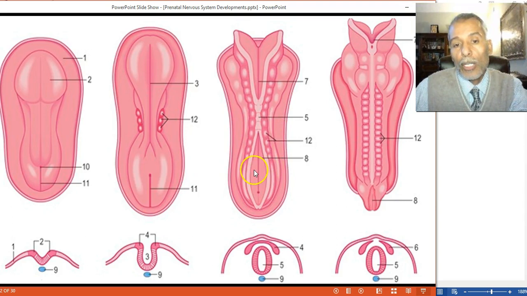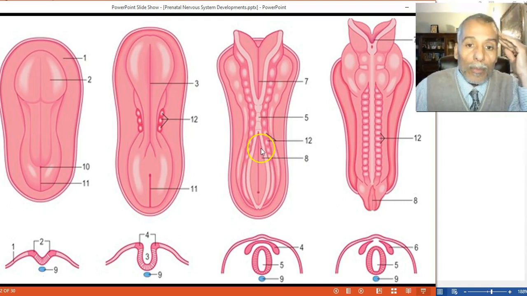And if fusion in the anterior and the posterior area doesn't go as planned or typically, then that is going to cause spina bifida, which means that little areas of the spinal cord will protrude out, will be basically out of the spinal column. And that causes paralysis.